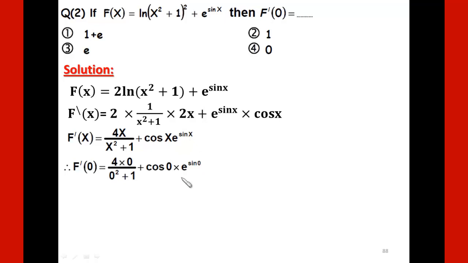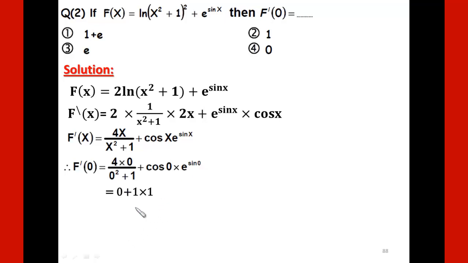You just substitute x equals 0. So this fraction will be 0. 4 multiply 0 is 0. 0 divide 1 equals 0. And here cosine 0 equals 1, and sine 0 equals 0.